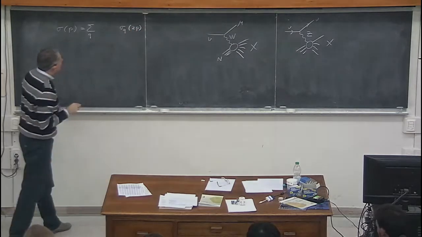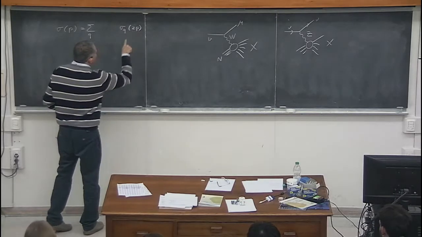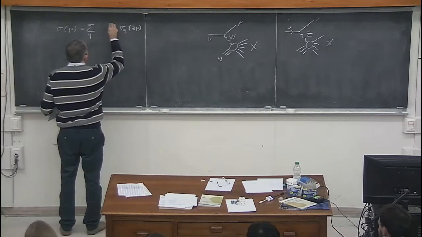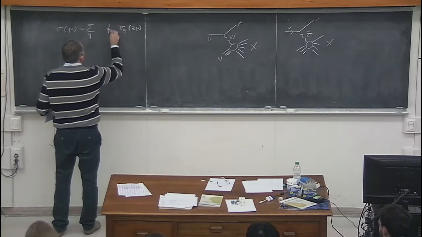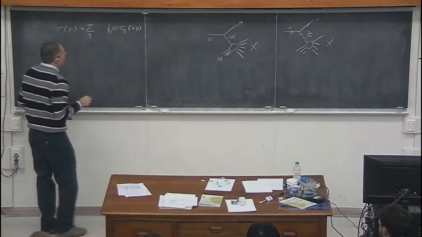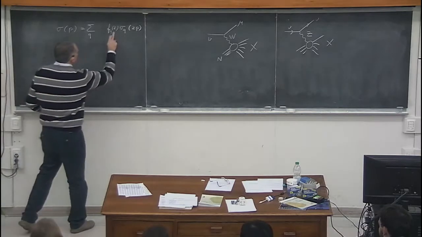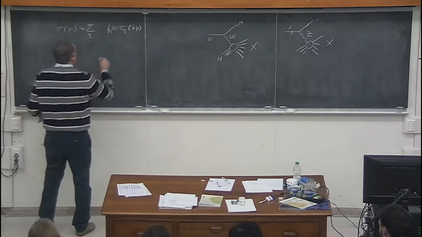This is weighted by a parton distribution function, which I call fq, which is essentially the probability density of finding a parton with a fraction z of the longitudinal momentum of the hadron, and then you have to integrate over all possible values of the parton fraction. This is the Parton model formula.